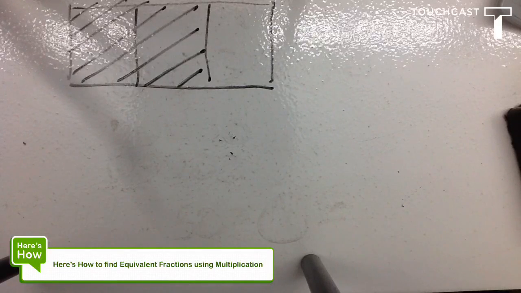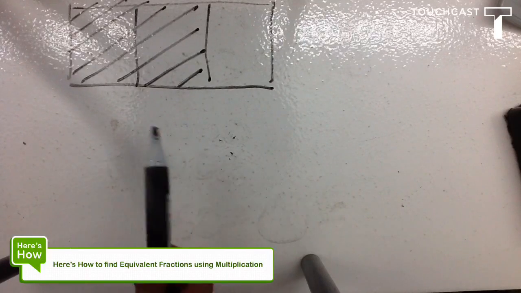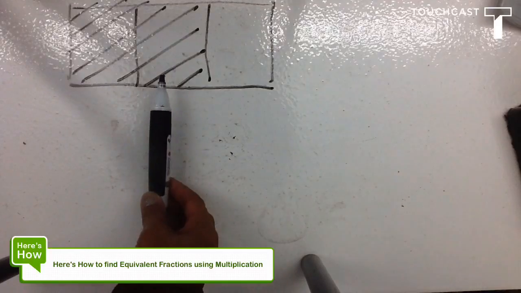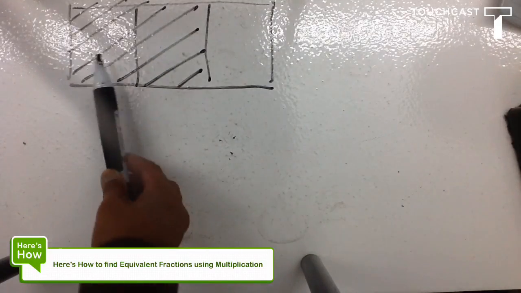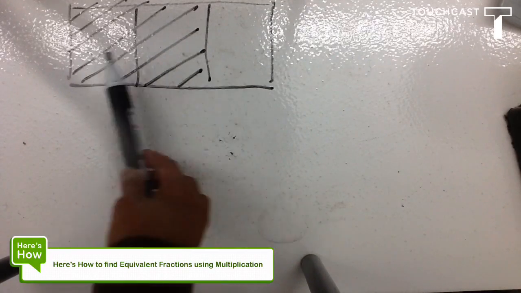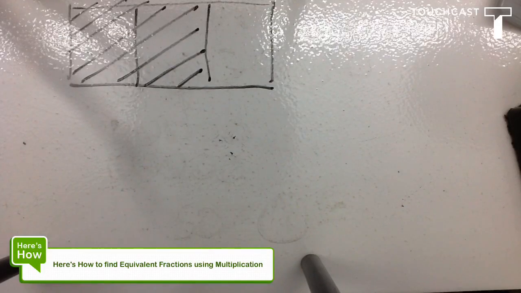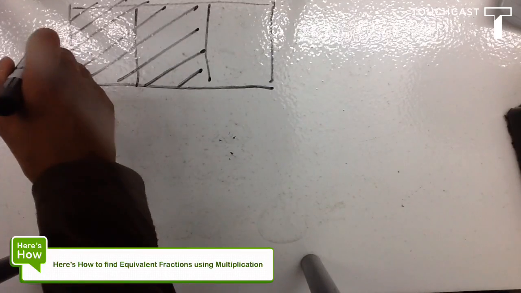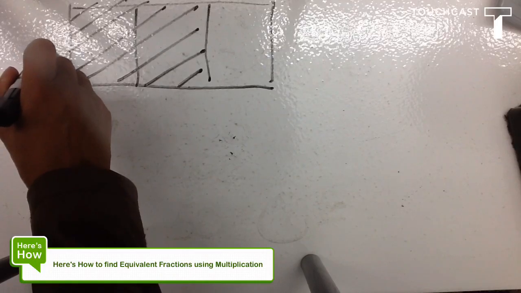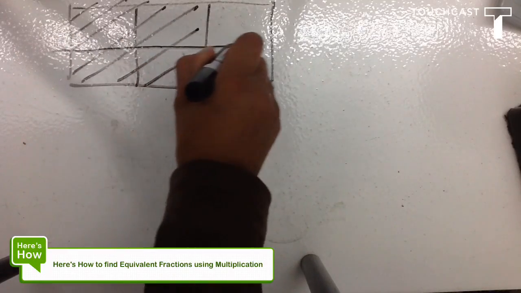Welcome back. Here we are with a fraction ready to talk about how to find equivalencies. You see here a model of 2/3. Our whole has 1, 2, 3 pieces. 2 of them are shaded in. Now, what I'm going to do is split this block in half.